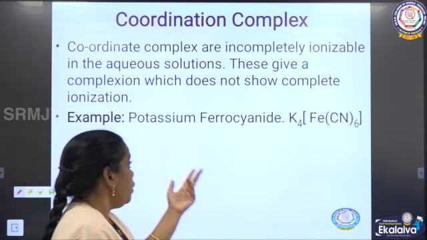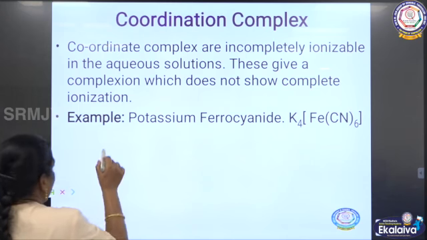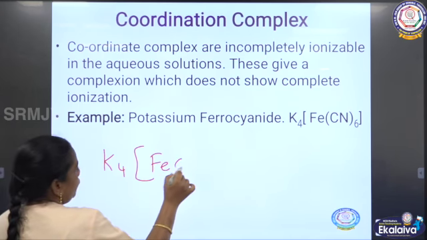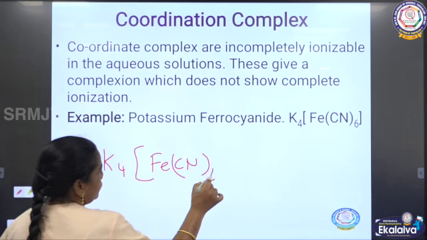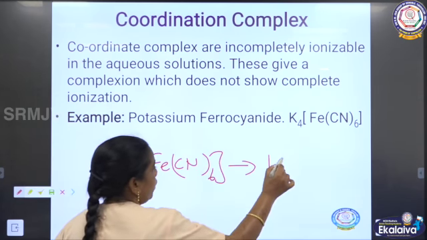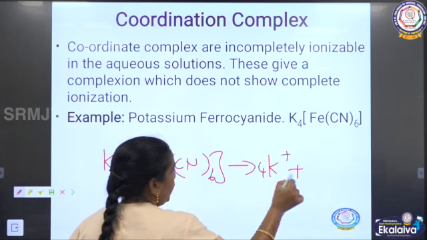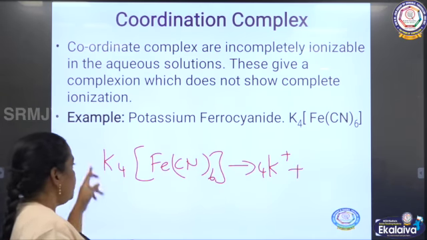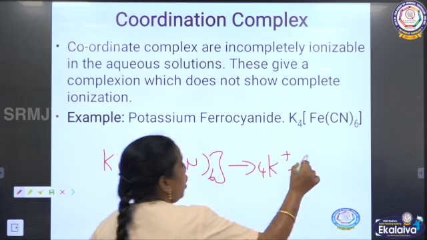In the coordination compound, for example K4[Fe(CN)6], this is going to ionize into a simple cation and the complex anion. This is the ionized part and this one is non-ionized.